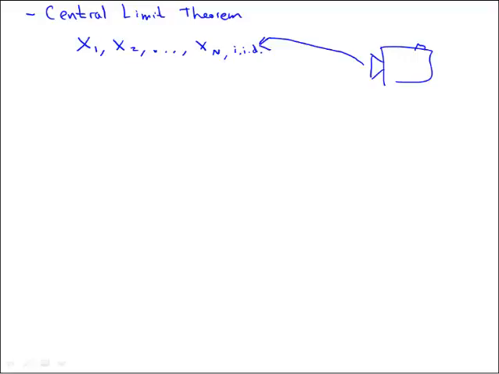So let's say we have n of these variables. And let's say, and this is important, that we don't know what distribution was used to generate those random variables. So maybe each one came from the same exponential distribution, or maybe each one came from the same uniform distribution. It doesn't matter what distribution those guys came from, as long as they all came from the same distribution.